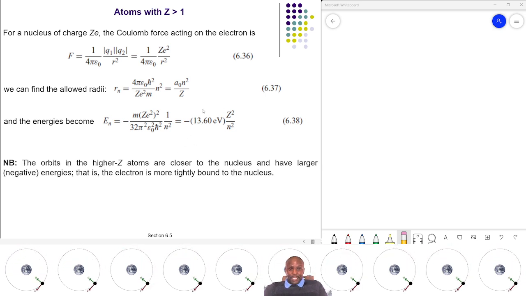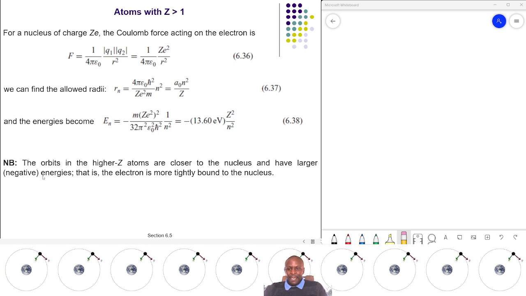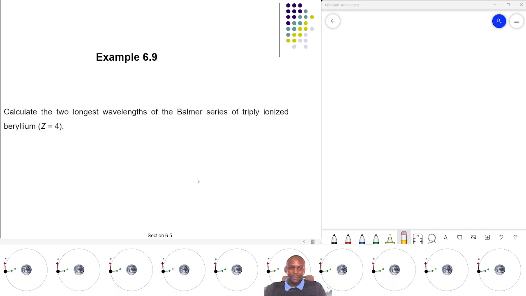Now, as you can see in this case, the orbits for higher Z are closer to the nucleus and have large negative energy values, because if you increase Z, you also increase this energy value, which has a higher negative value. So that tells us that they are very close to the nucleus and have larger negative energies, and that is, the electron is more tightly bound to the nucleus.